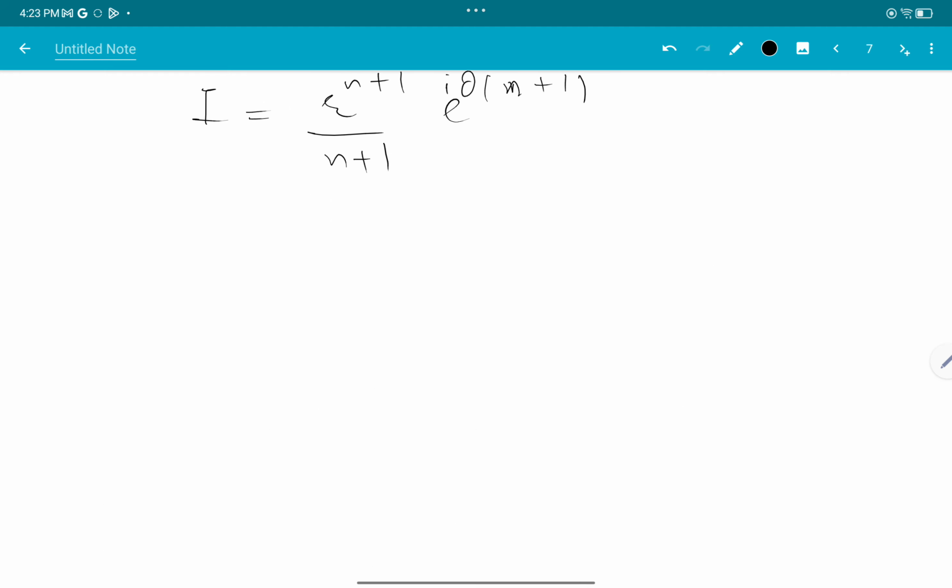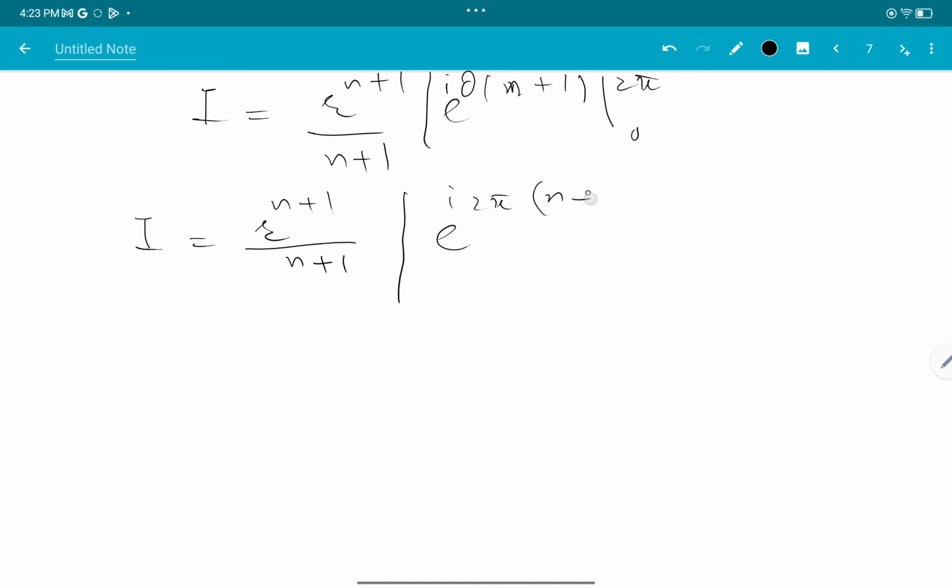When I substitute them, I get I equal to r raised to n plus 1 divided by n plus 1, then e raised to i theta in place of theta, 2 pi (n plus 1), minus e raised to 0, that is 1.